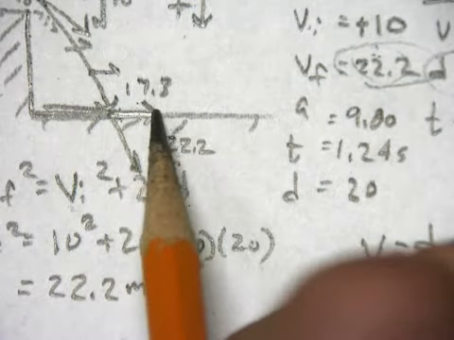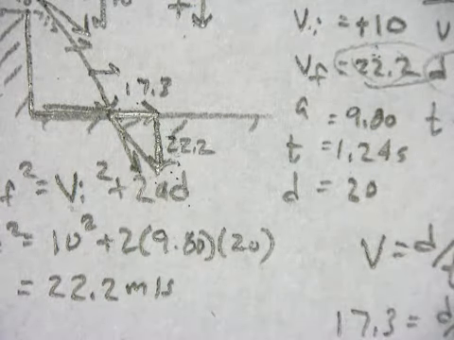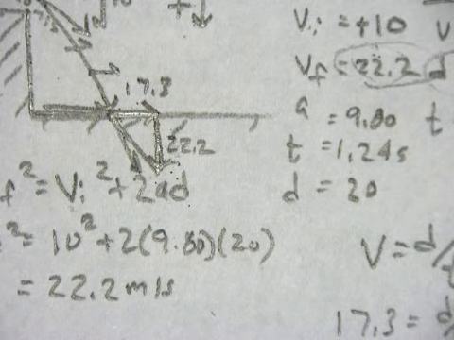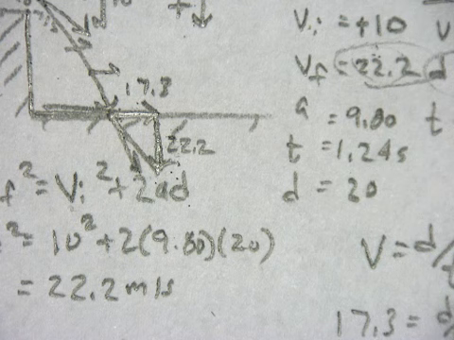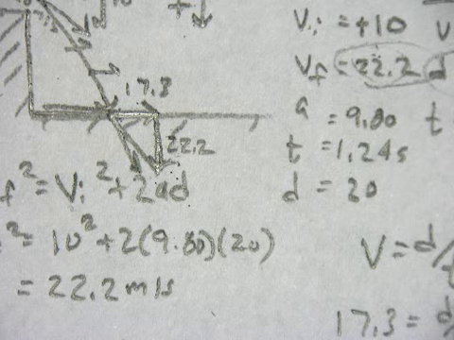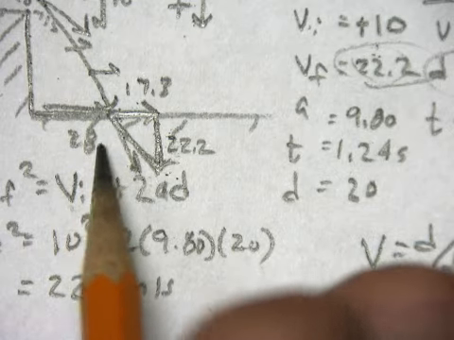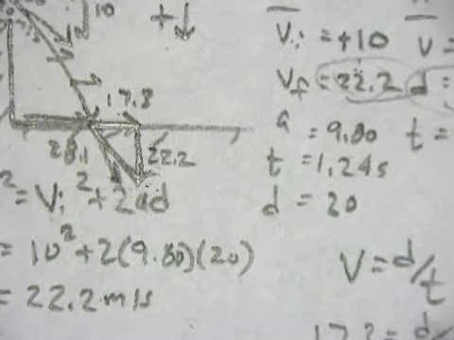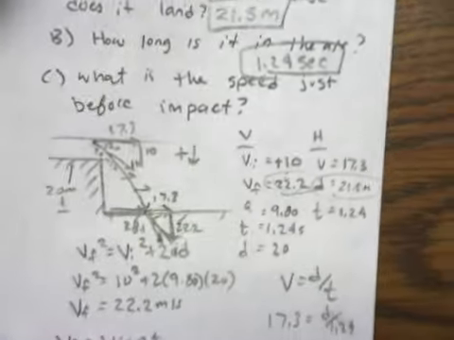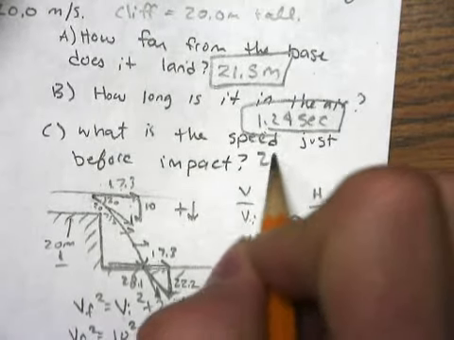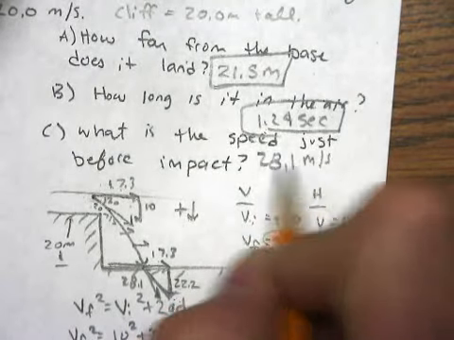So I use the Pythagorean theorem, a squared plus b squared equals c squared, to get my final answer, which is 28.1. So this hypotenuse is 28.1 meters per second. So what's the speed just before its impact? 28.1 meters per second.